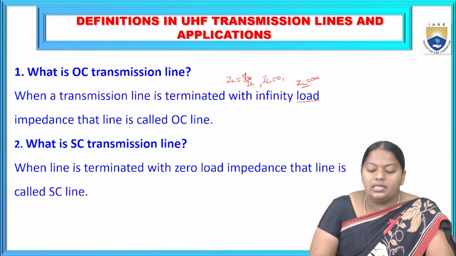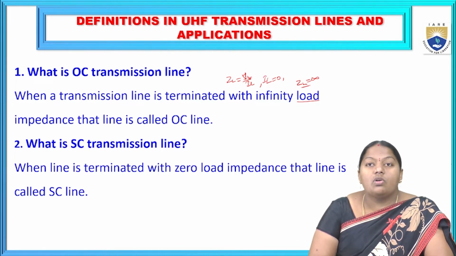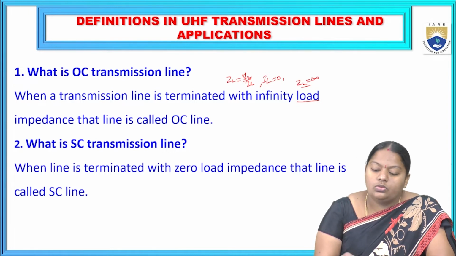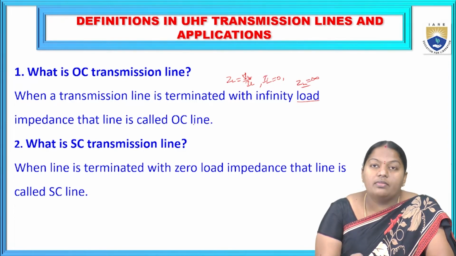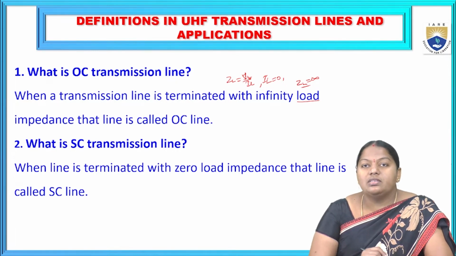When a transmission line is terminated with infinite load impedance, the line is called an open circuited transmission line. These are the different cases we analyzed in the theoretical classes related to impedance matching of a transmission line.